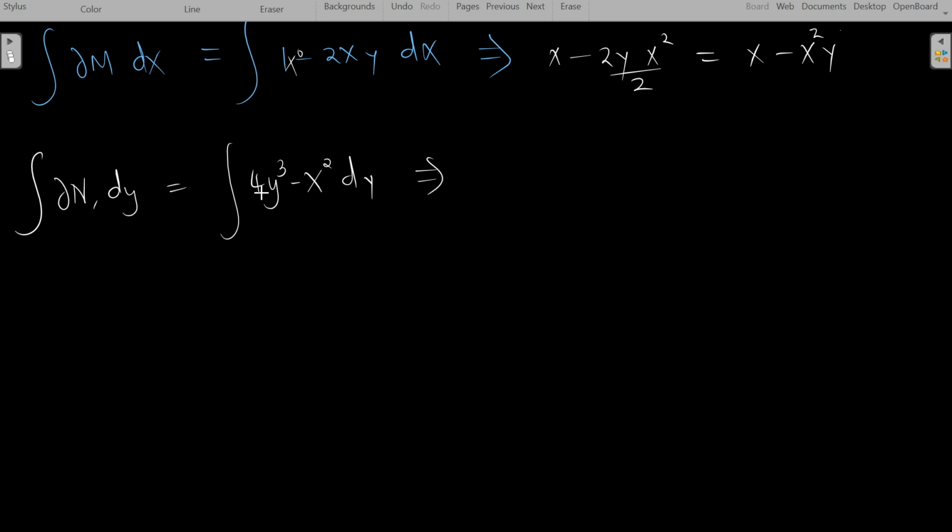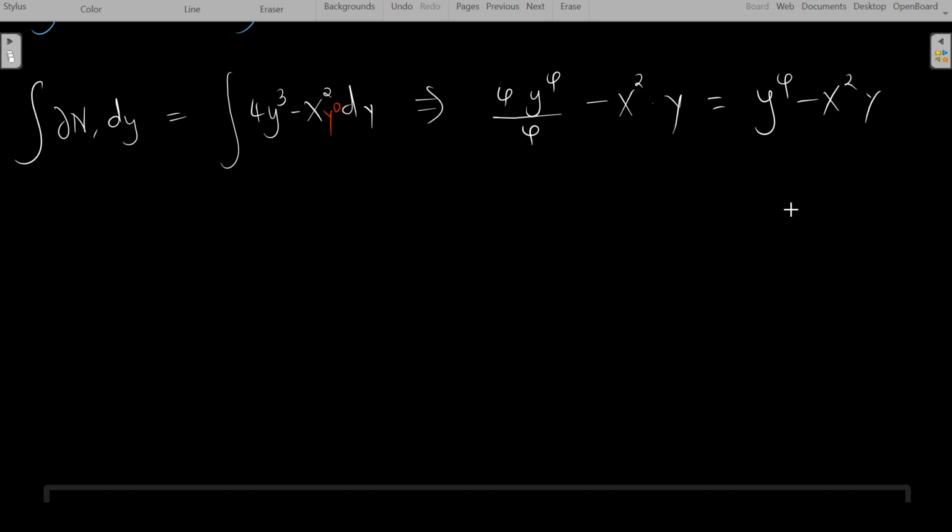If I integrate this, I should get 4 multiplied by y to the fourth, divided by the power, which gives y to the fourth. Then minus, treating x as a constant, x squared multiplied by y. Simplifying that, I should get y to the fourth minus x squared y.